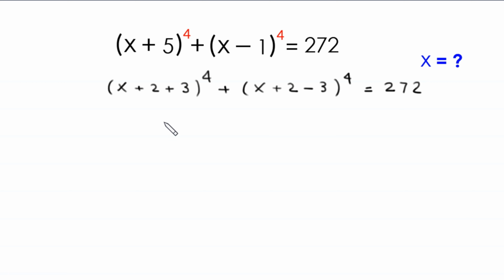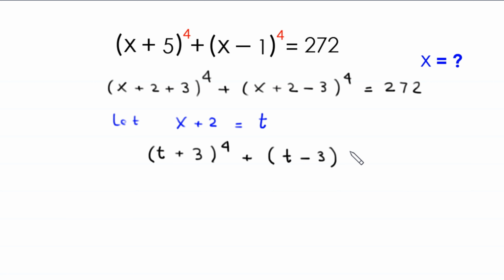We suppose that let x + 2 = t. So the equation will become (t + 3)^4 + (t - 3)^4 = 272.